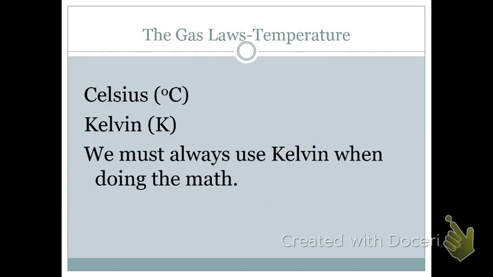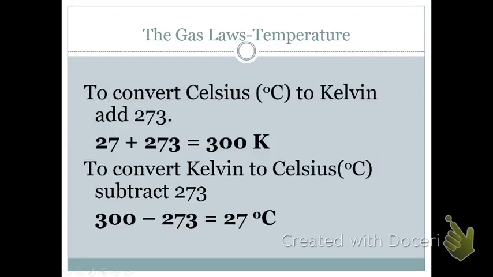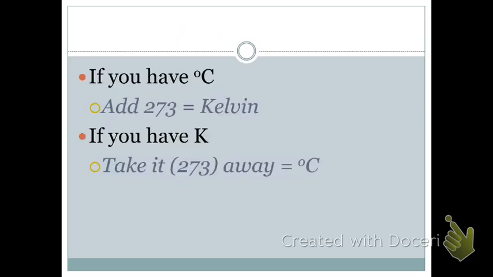So you have to know how to go between Kelvin and degrees Celsius. To convert Celsius to Kelvin, we add 273. Like the 27 plus 273 gives us 300 K. And to convert Kelvin to degrees Celsius, we subtract 273. Like the 300 Kelvin minus 273 gives us 27 degrees Celsius. So always remember then, if you have C, add 273. If you have K, take it away.